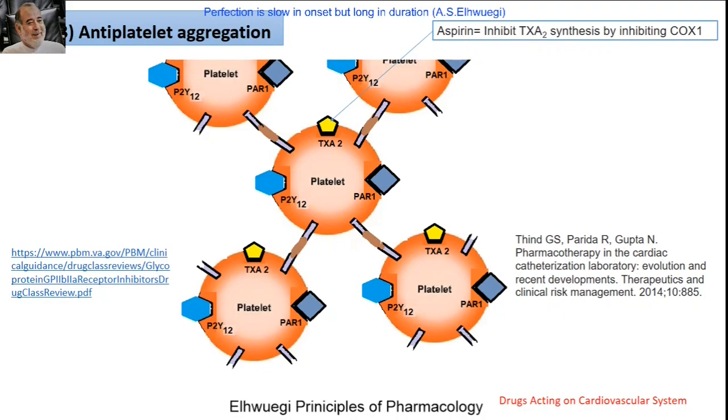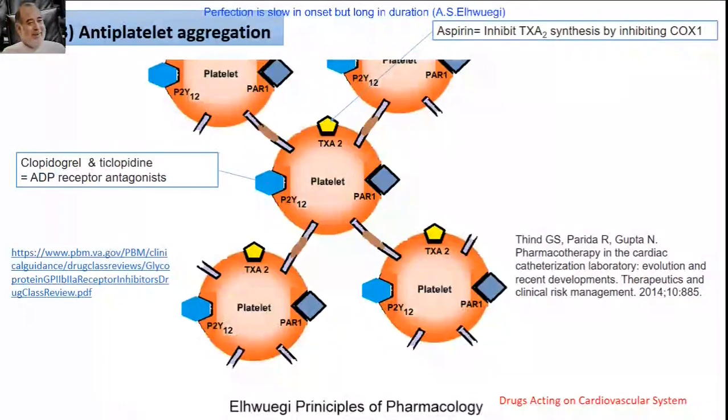The second group are drugs which block adenosine diphosphate receptors, and these include clopidogrel, the most famous, and ticlopidine. These both are antagonists.